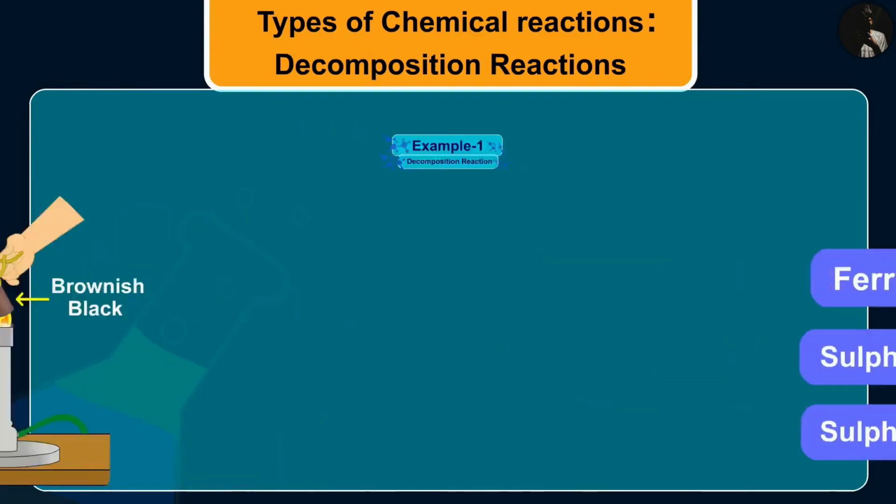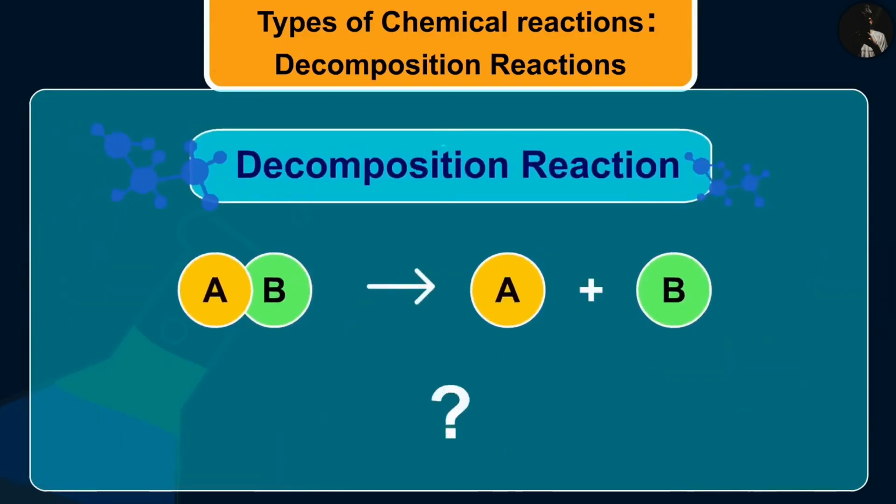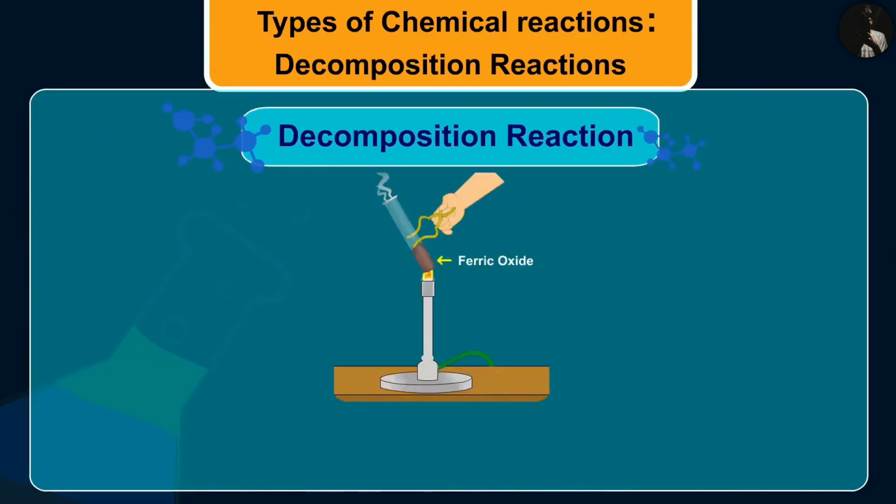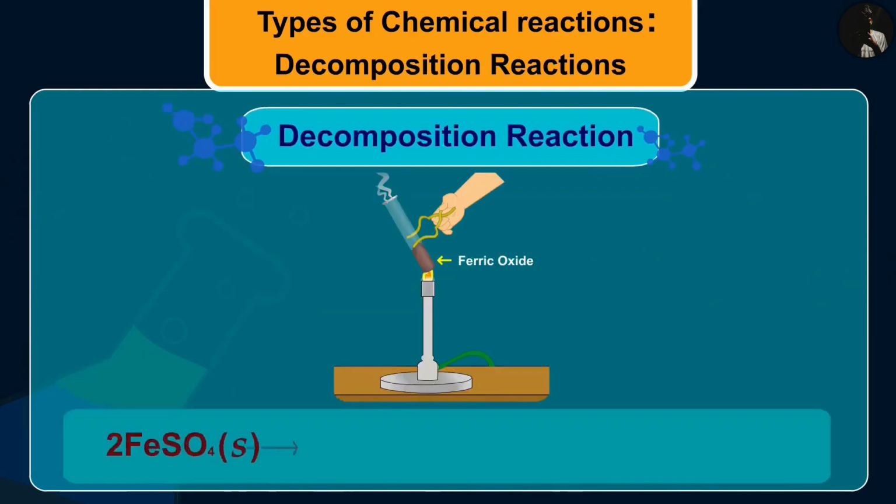So students, this is an example of decomposition reaction. Why? Because one reactant, that is ferrous sulfate, is breaking down to produce ferric oxide, sulfur dioxide, and sulfur trioxide.